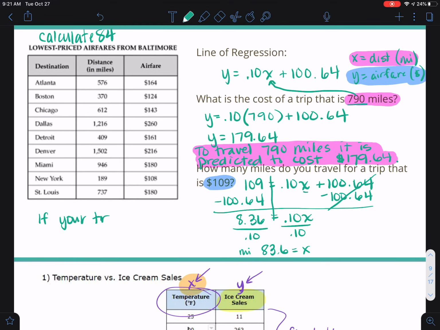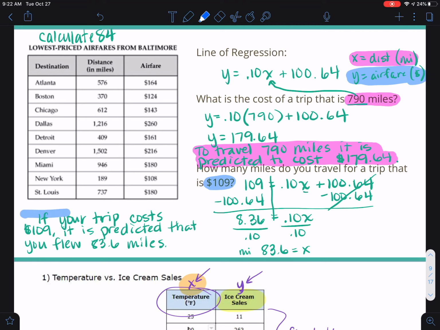If your trip costs $109, it is predicted that you flew 83.6 miles. Okay, so that is your interpretation there.